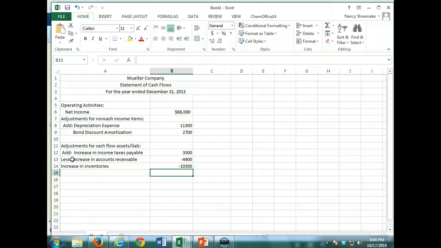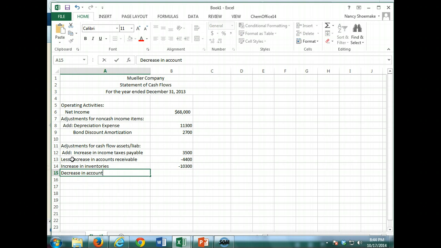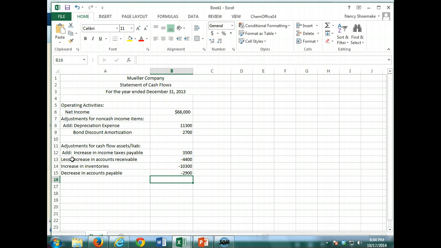Increase in inventories, then a decrease in accounts payable. We're going to subtract it. Okay? So if you start the year with a higher accounts payable and you end the year with a lower accounts payable, you've got to subtract your cash because that payable was for an expense in the previous year.